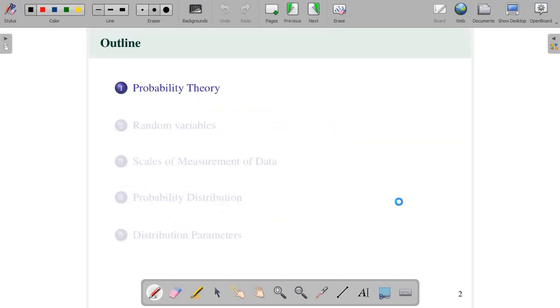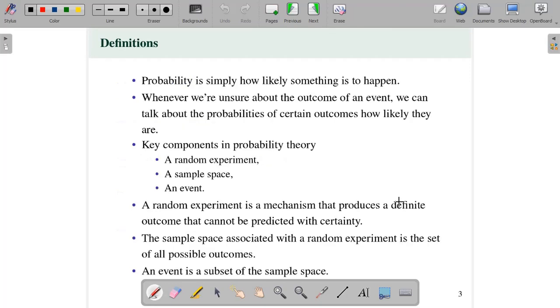To begin with, we are going to touch a little bit on what probability theory is, because in order to understand the concept of probability distribution, first of all, we need to dig a bit into probability. And we say probability is simply how likely something is to happen. Whenever we are unsure about the outcome of an event, we can talk about probabilities of certain outcomes, how likely they are.